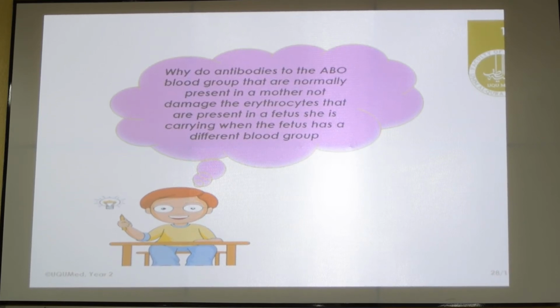First exposure. Okay, there is a mother, she is blood group A. Here is the baby, blood group B. And the same baby has Rh positive and Rh negative. In the Rh case, little exposure is going to cause antibody formation and those antibodies will go and cause damage. But ABO is also incompatible.